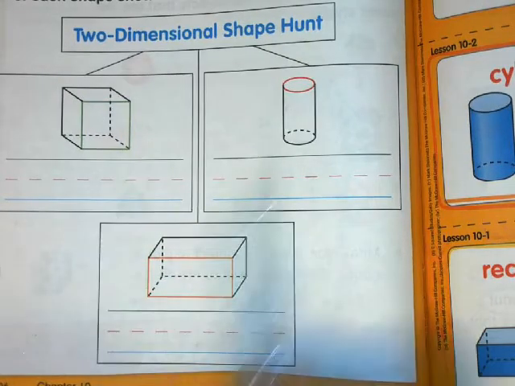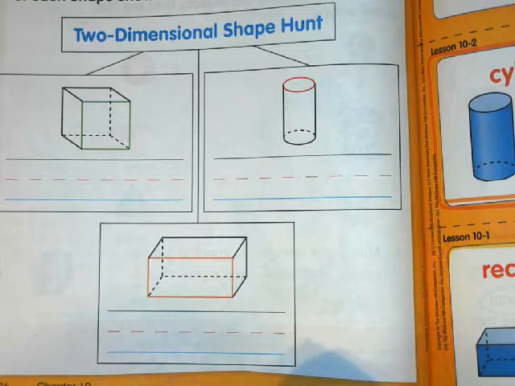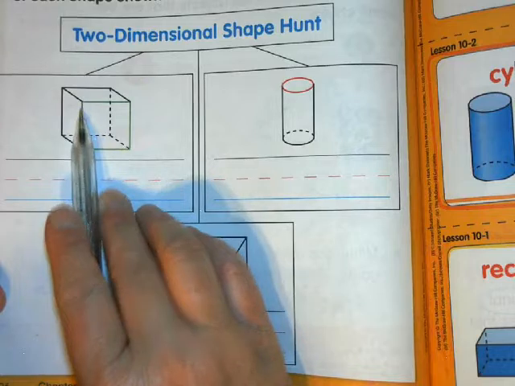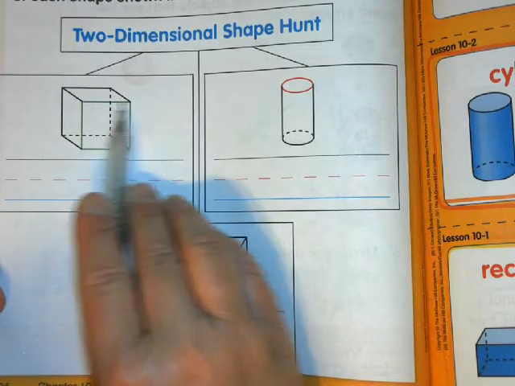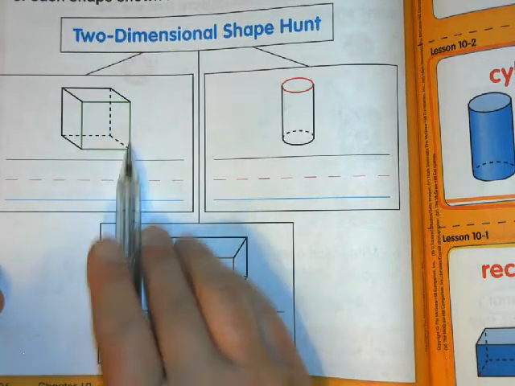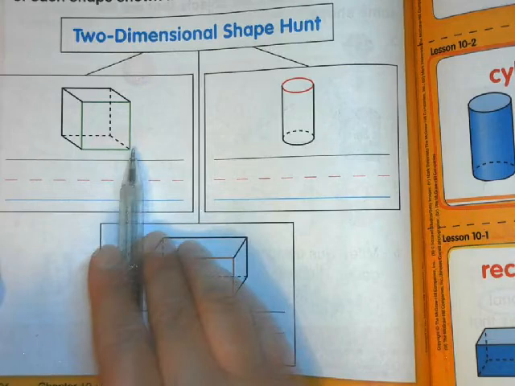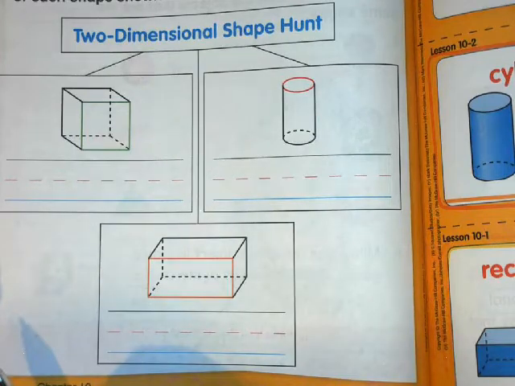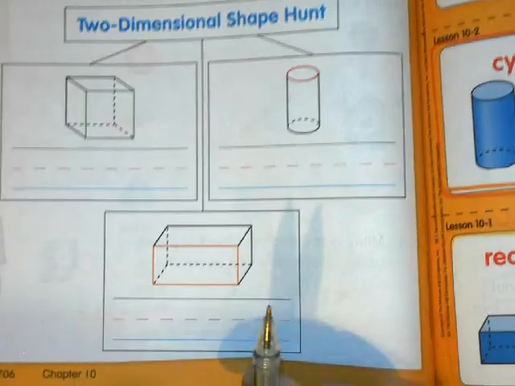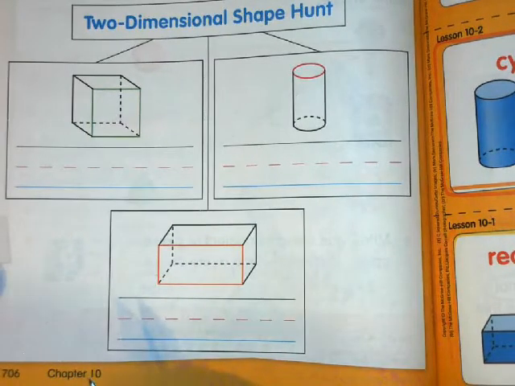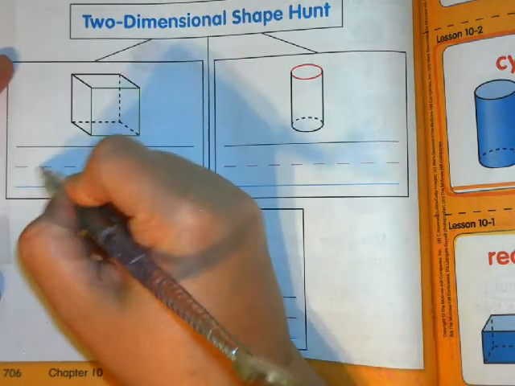These are three-dimensional shapes, but hiding on them is a plane shape. Okay, the circle, rectangle, or square. So see right here, there's a green shape. What shape is this green shape? A circle, rectangle, or square? You said square? You are correct. So we're going to write square.